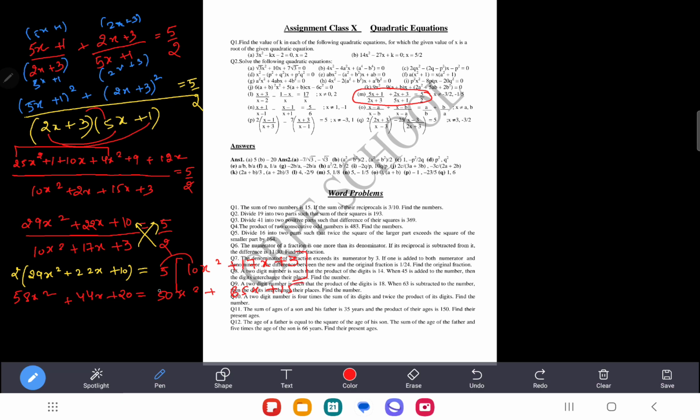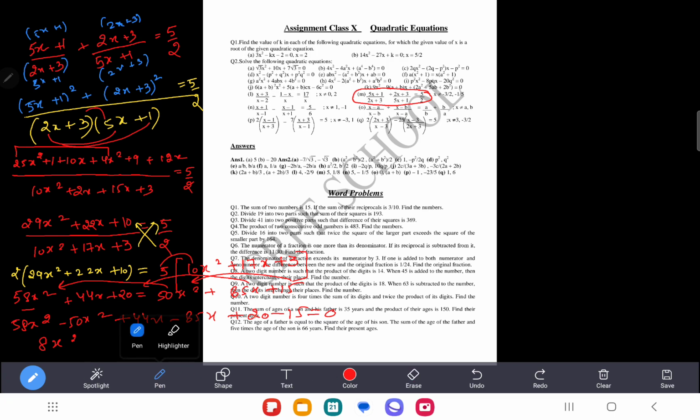Now bring down everything on the left hand side, every term on the left hand side. So you get 58x square minus 50x square plus 44x minus 85x plus 20 minus 15, equal to 0. So you have 8x square. And what do you have here?